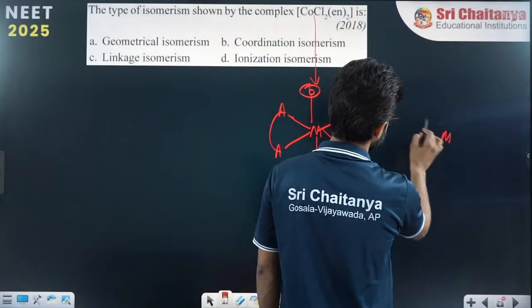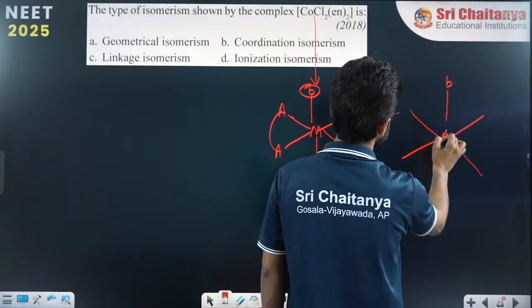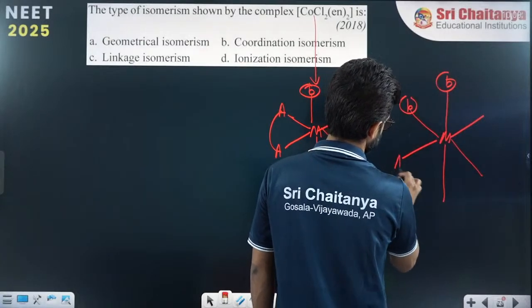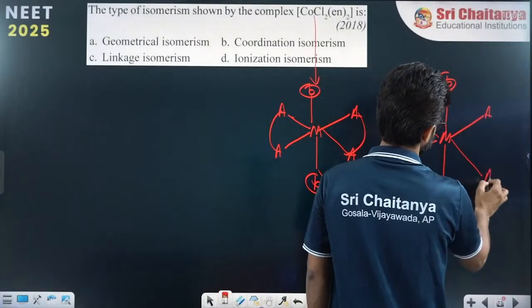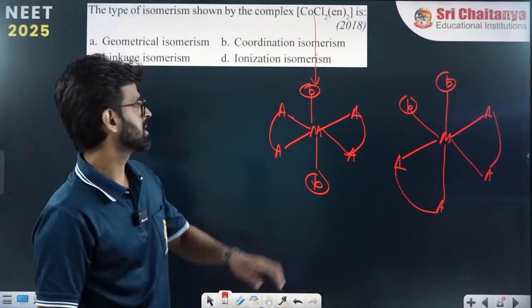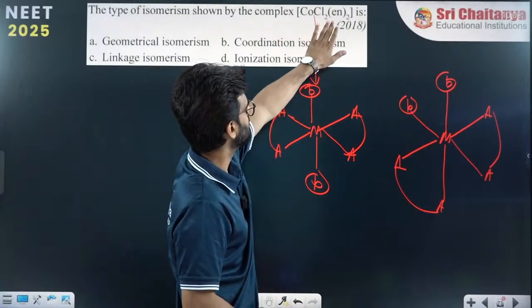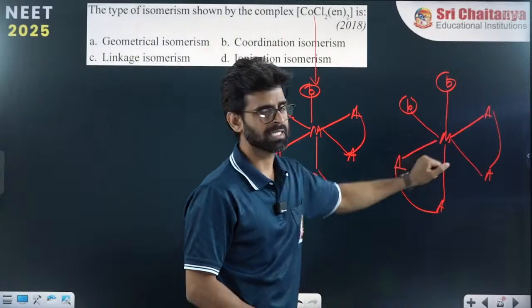And here I am making this the cis form according to B. A is a symmetrical bidentate ligand. So these two are geometrical structures of this compound, right? AA is like ethylene diamine and BB is like Cl. One is trans, one is cis.